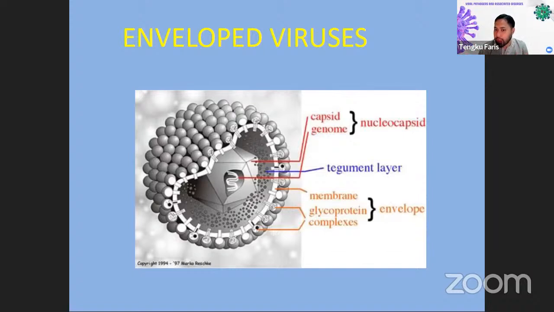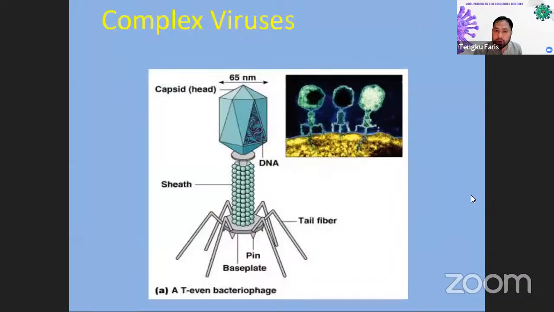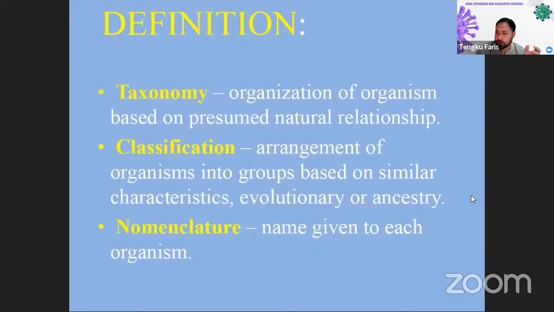We don't want this to happen. Viruses are very intelligent creatures. They can make multiple layers in order to protect their viral components or the DNA. The bacteriophage is classified under complex viruses. You can see they have the head, sheath, or neck. They have the tail fibers, and these are commonly associated with bacteria.